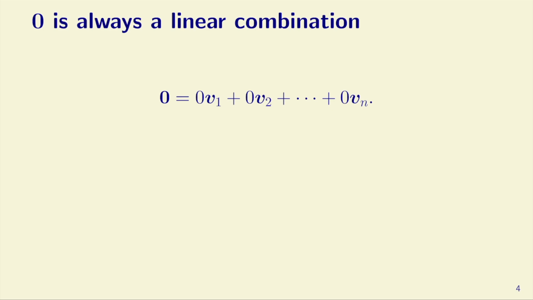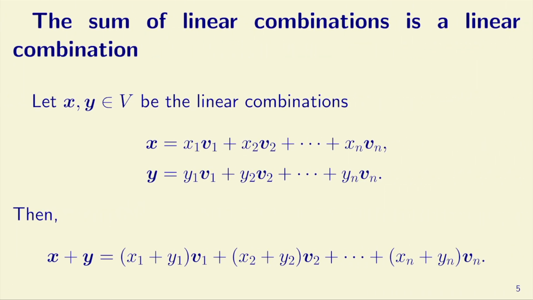Next, the sum of linear combinations. If you have two linear combinations, say x is equal to x1 v1 plus x2 v2 and so on plus xn vn, and another vector, y, which is equal to y1 v1 plus y2 v2 plus and so on plus yn vn.